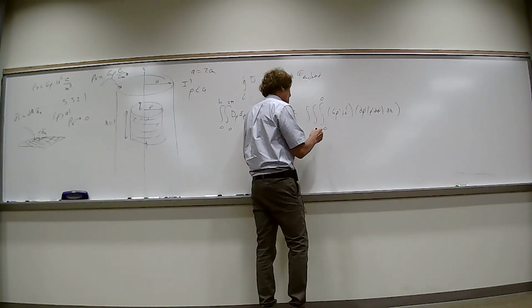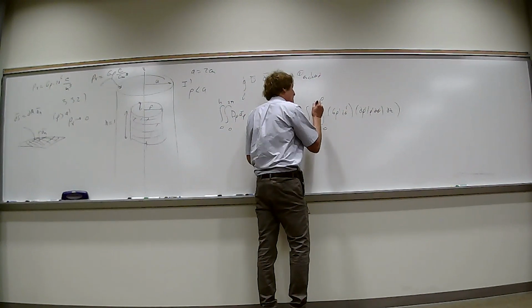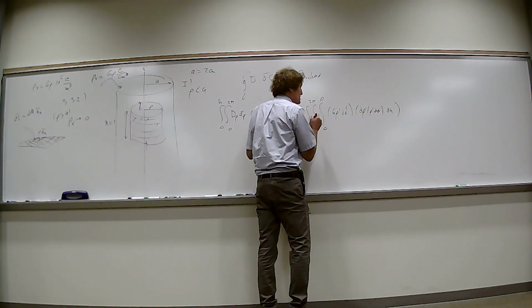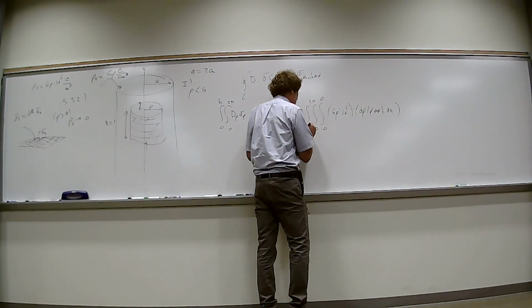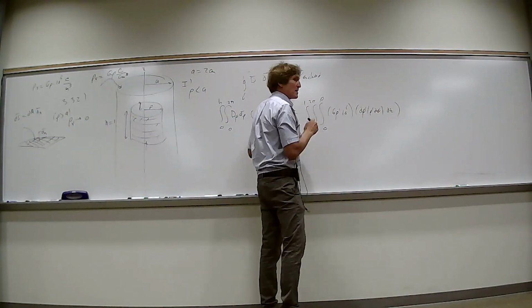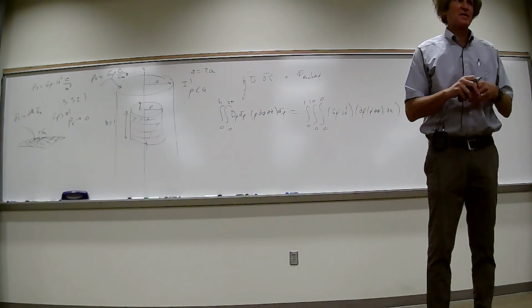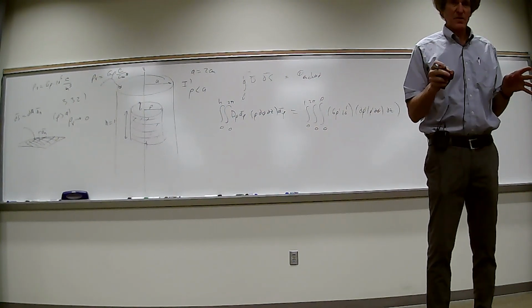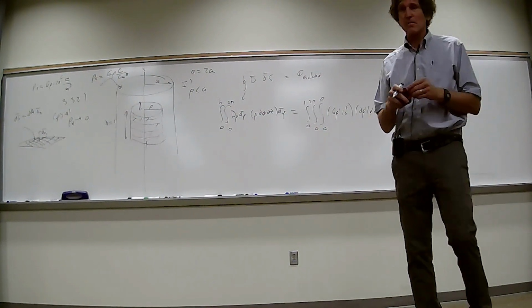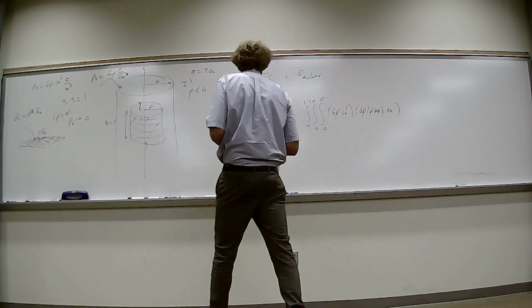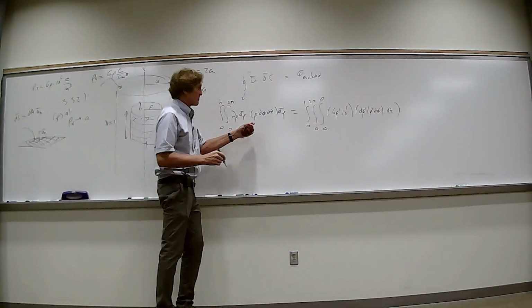Phi goes from where, class? From 0 to 2 pi. And where does z go from? 0 to 1. H is always 1, right? Don't make h anything but 1 unless you have to. Y'all follow me on this? It'll save you trouble. All right, now let's just do this, and you can see what happens here. What is a rho dot a rho?